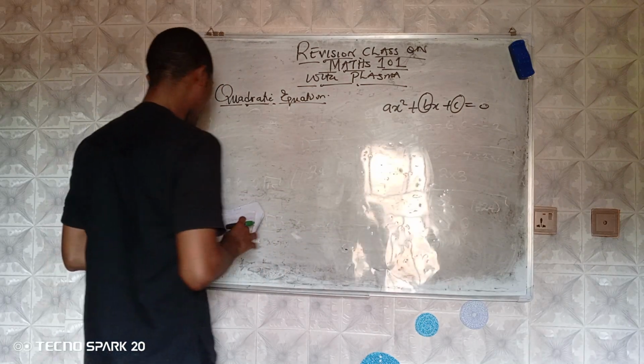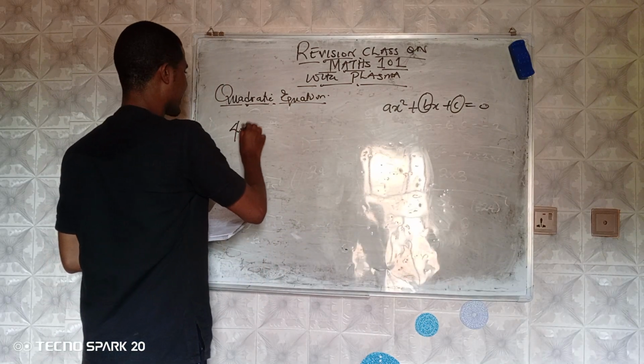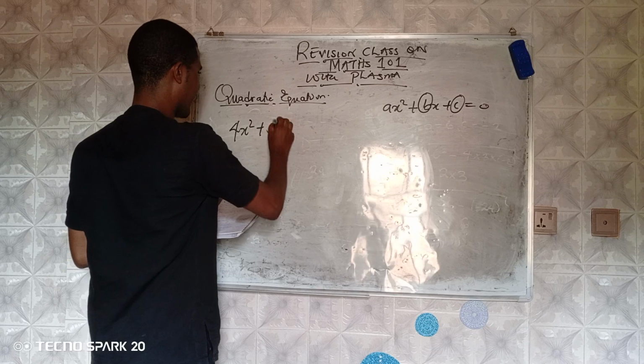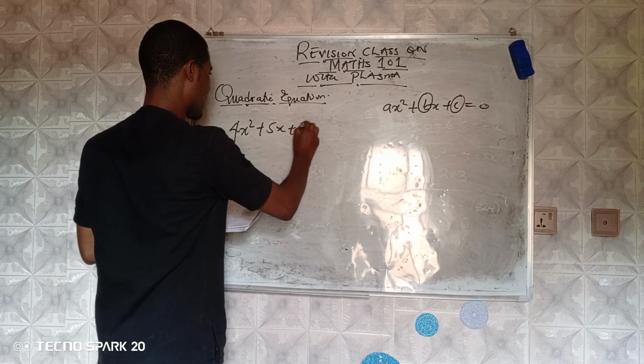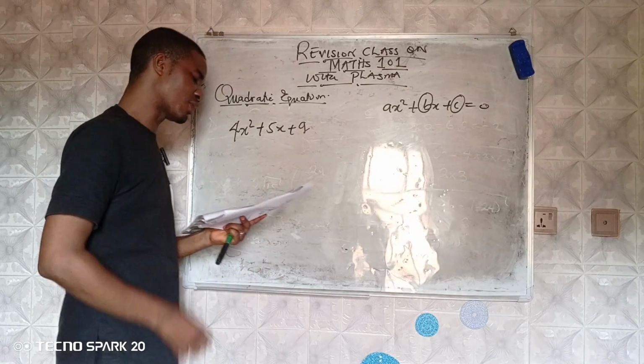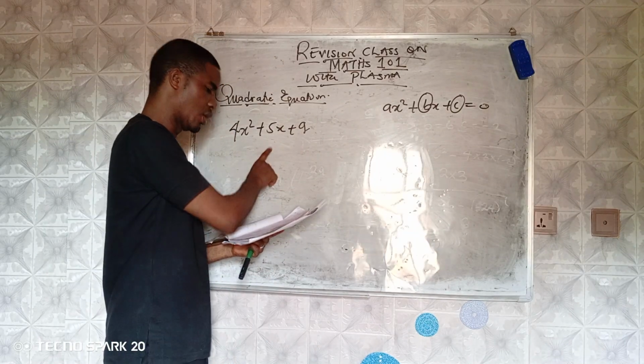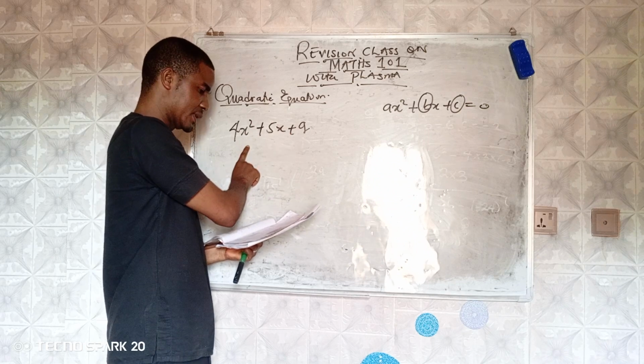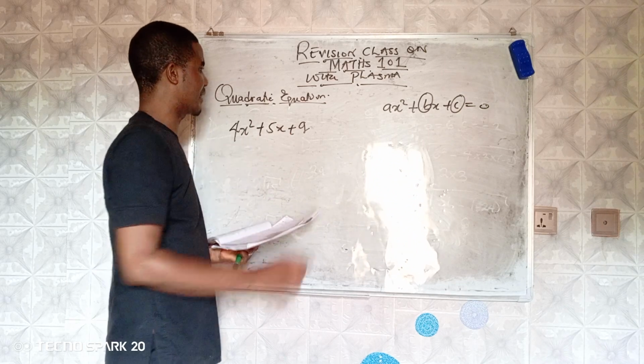Look at this question. I have 4x squared plus 5x plus q. What value of q will make this expression a complete square?